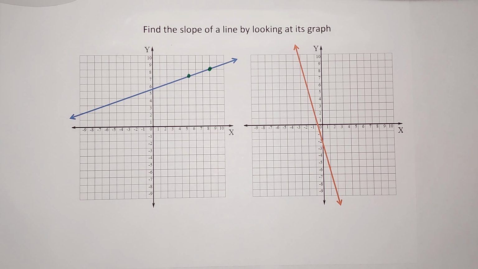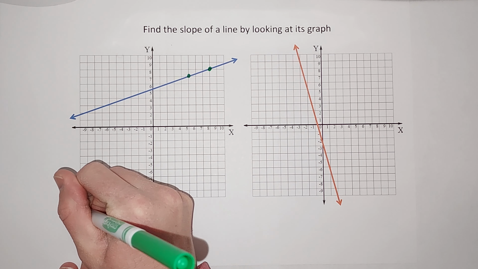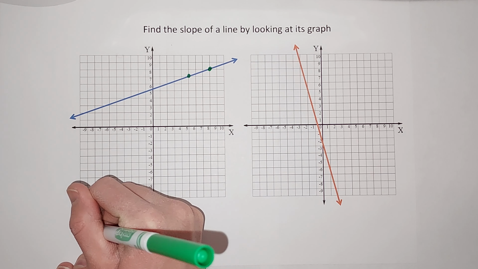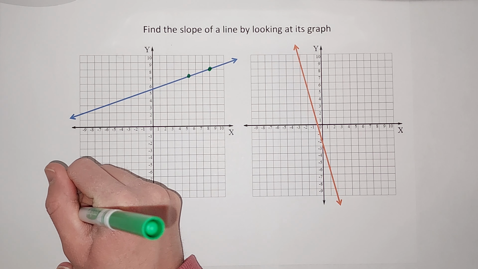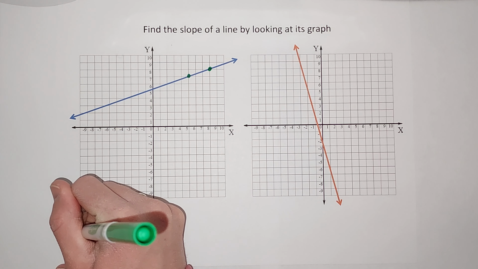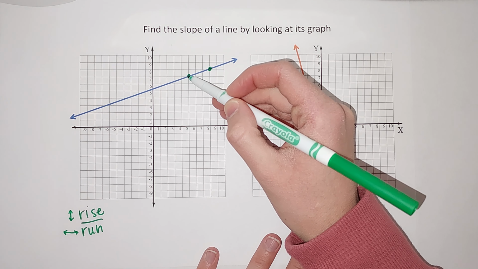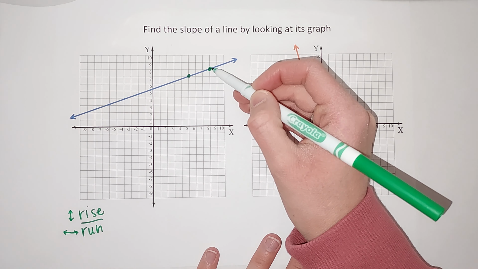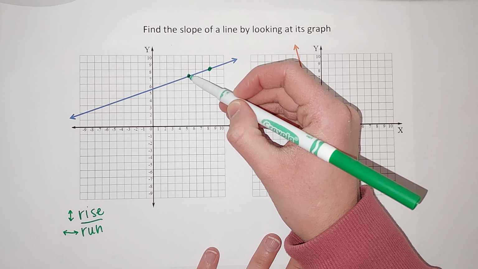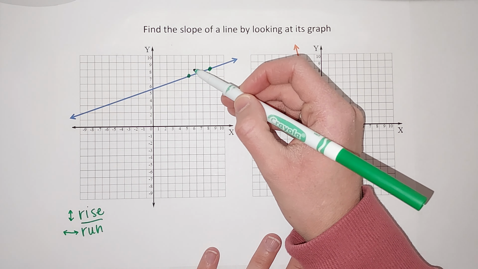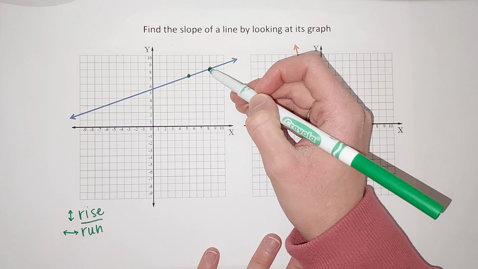Okay, so slope we like to think of as rise over run, or you can also think of that as up and down over left and right. So I'm going to start here and do up and down first. I'm trying to get to this point, okay? So if I start here, to get to that point, I go up 1, and to the right 3.